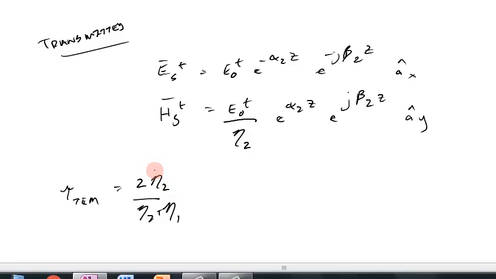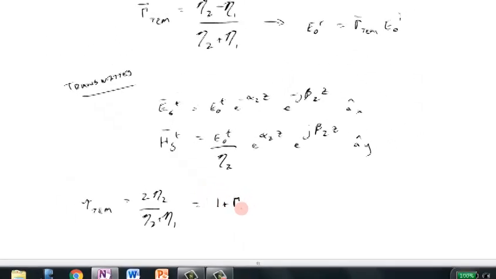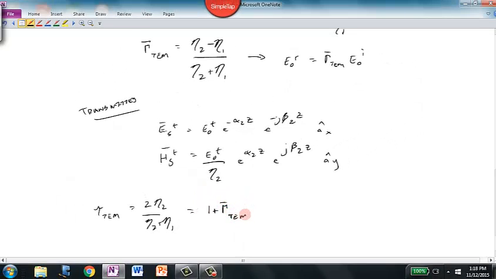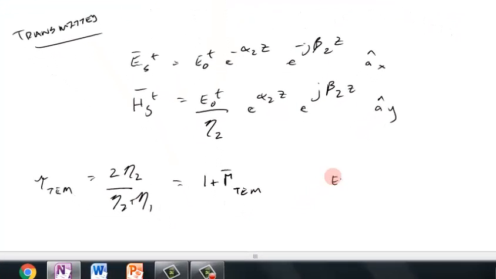And that is, as you will find, equal to 1 plus the reflection coefficient for the TEM mode. The transmitted portion of the electric field is just equal to the transmission coefficient for the TEM mode times the initial amplitude and phase of the incident electric field component.